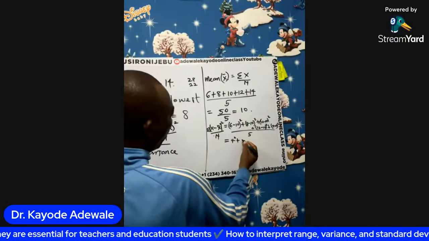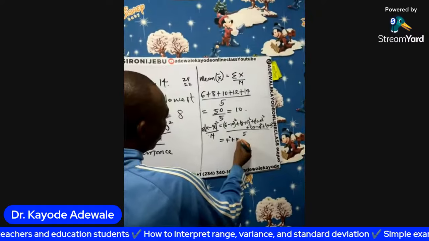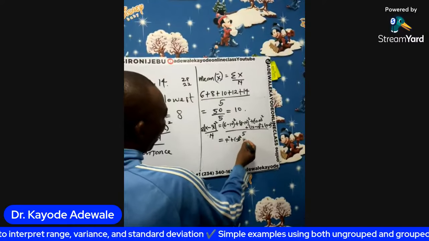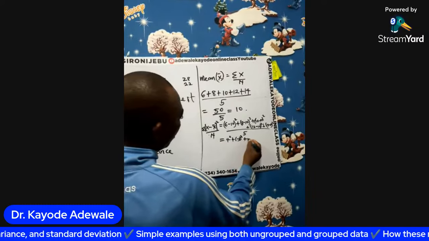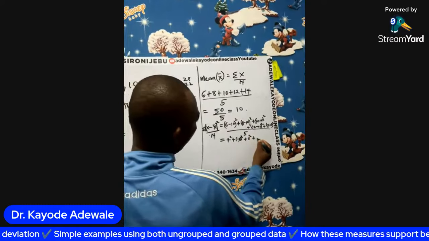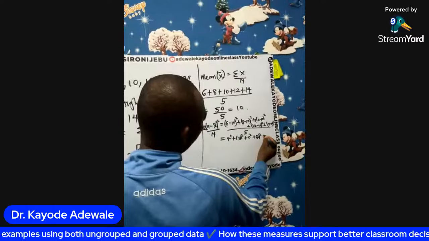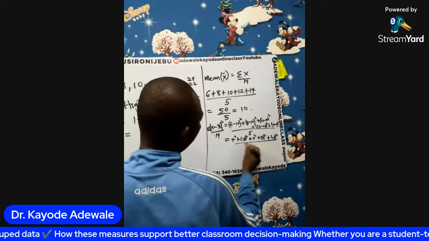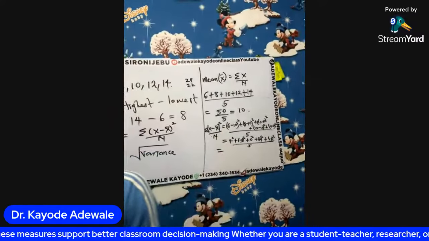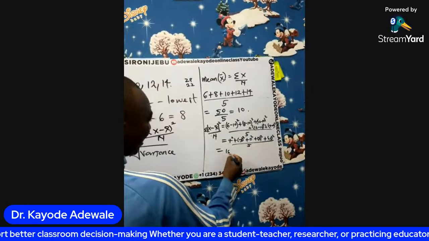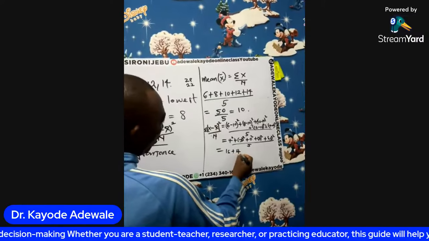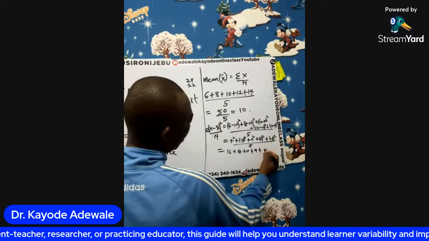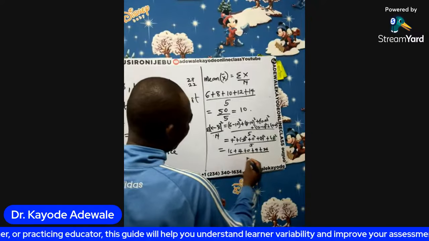So that becomes minus 2 squared plus 0 squared plus 2 squared plus, take 10 away from 14, that's 4 squared. Everything divided by 5. So 4 squared is 16, plus 4, plus 0, plus 4, plus 16.